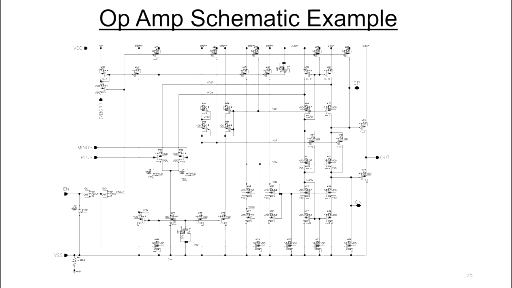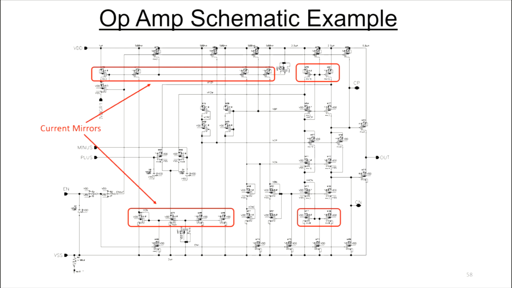Okay, so this is the quiz I talked about. I threw this circuit up here, and you look at it and say, oh boy, there's a whole bunch of transistors up here. How do I know what any of this stuff does? So let's go through. Some of these are pretty obvious. You've got current mirrors. You can see the diode connected devices we talked about, the rails where we're generating current.